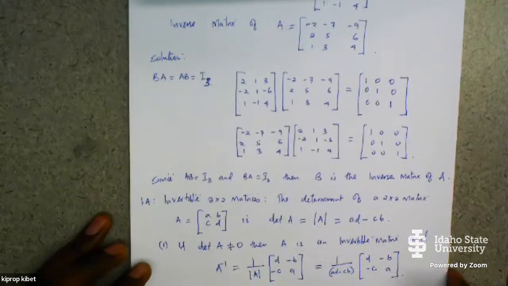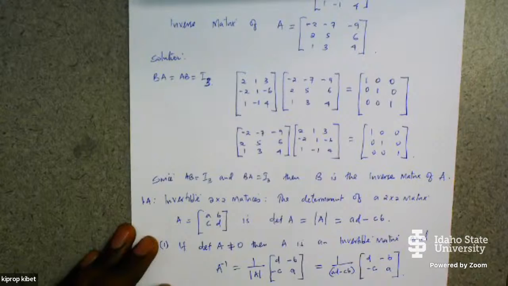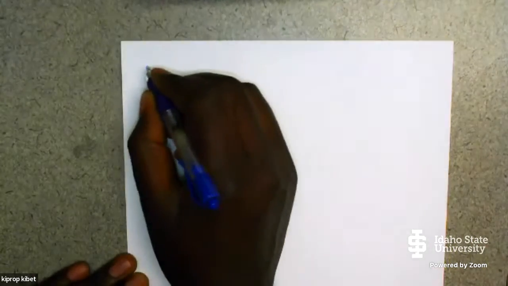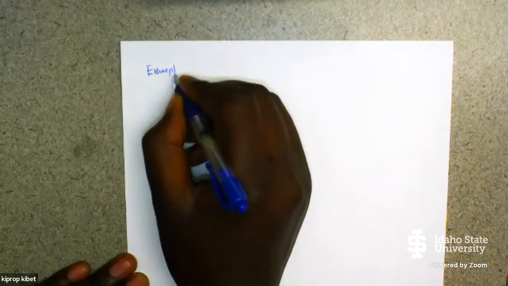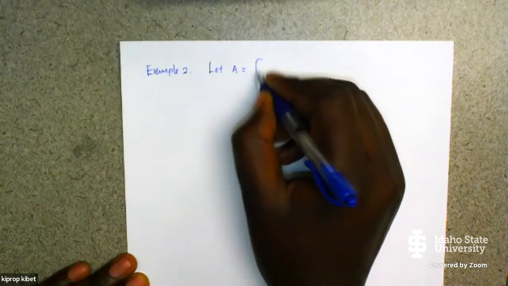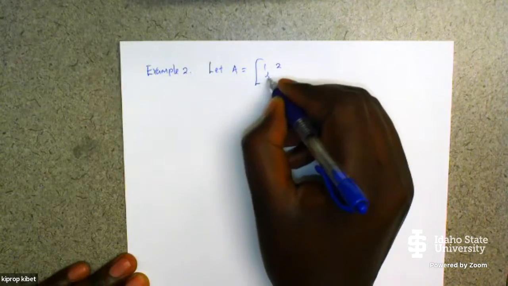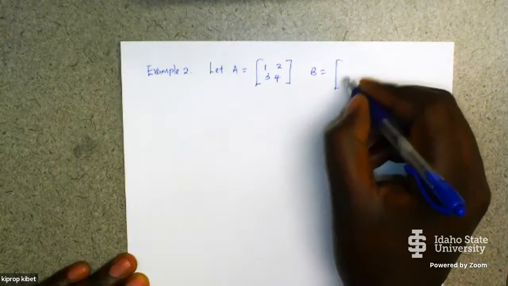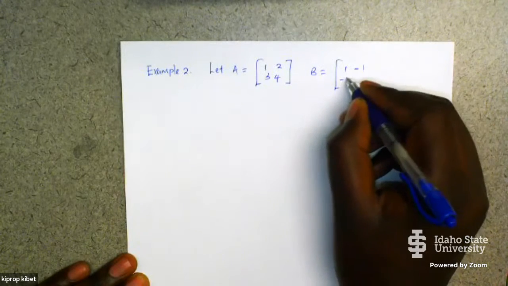Okay, let's look at example number 2. Let A equal 1, 2, 3, 4, and B equal 1, -1, -1, and 2.